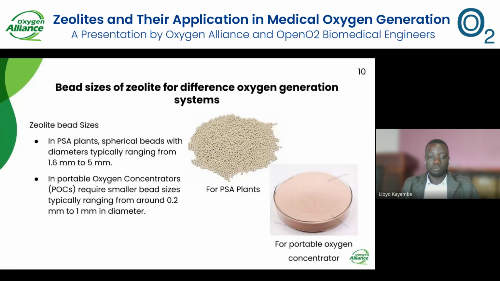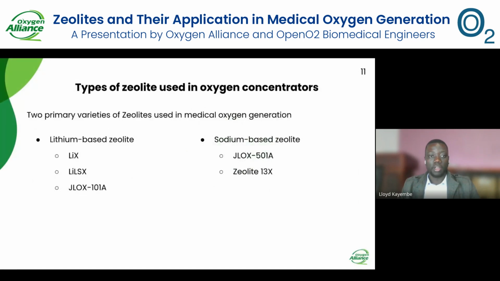On the types of zeolite commonly used in oxygen concentrators, there are two primary varieties: lithium-based zeolite and sodium-based zeolite. These are all made from the same building blocks as we discussed earlier, that is the tetrahedral units of aluminum and silica.